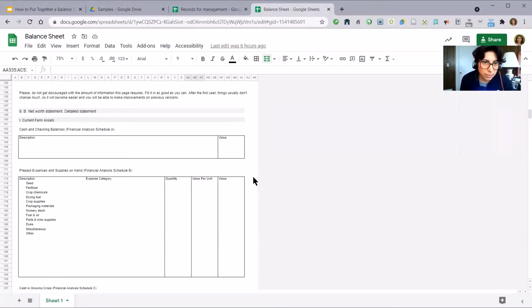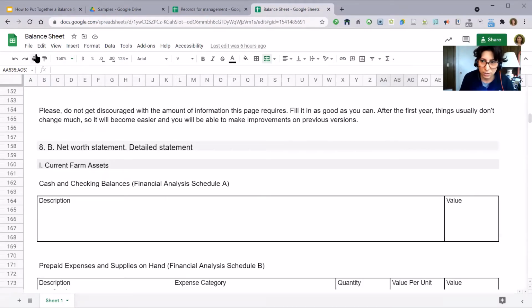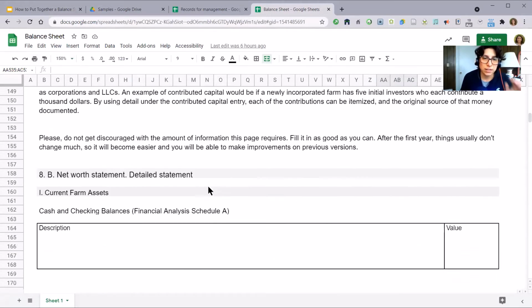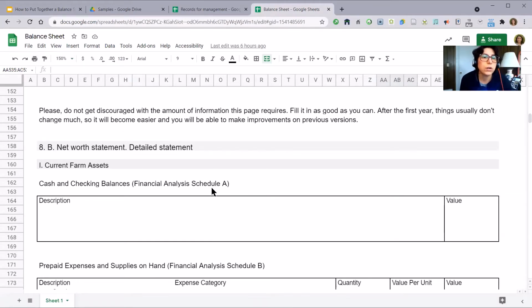As you may be seeing on your screen, let me make this larger. Please let me know if anything is not looking right on your end. There's a long explanation at the top, which I'm going to walk you through. And here's the last part of the explanation, which I can share with you.